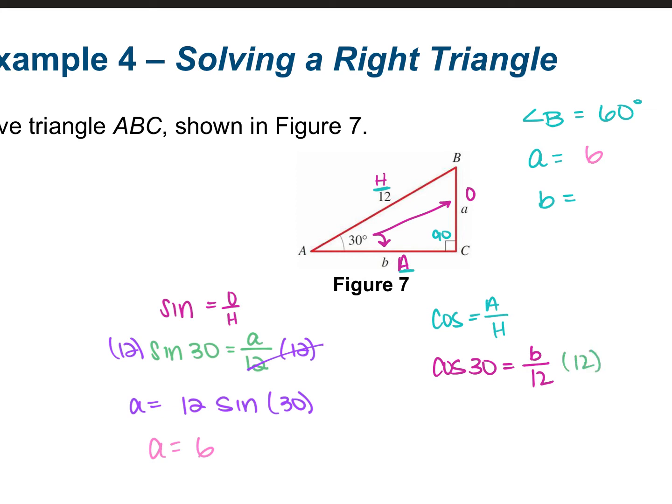Multiply each side by the 12. Use your calculator. You're going to type in 12 cosine 30, close your parentheses and hit enter, and you should get 6 square root 3. Let's see. 12 cosine 30 is 6 square root 3. Okay.